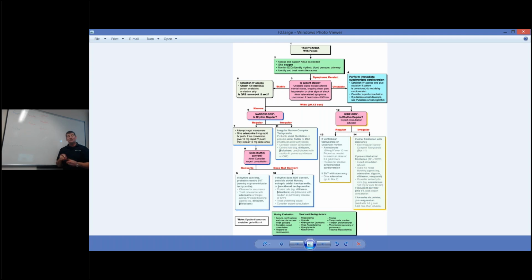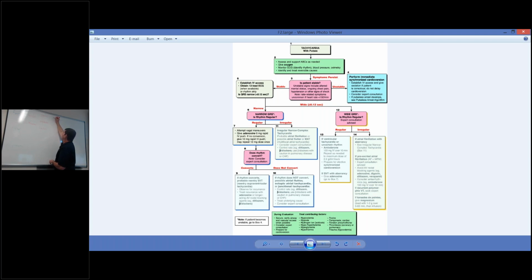If my patient is stable, what do I have to treat with? I've got medications, basically drugs, or I have electricity. If I'm stable, I've got time to play. If I'm unstable, I've got to go to the electricity quick. So if I'm wide and stable, I've got 2 things I can do.